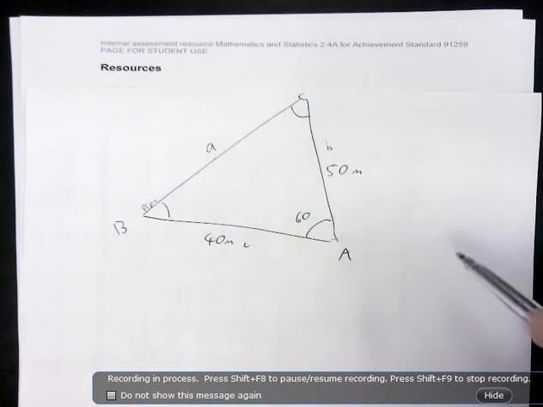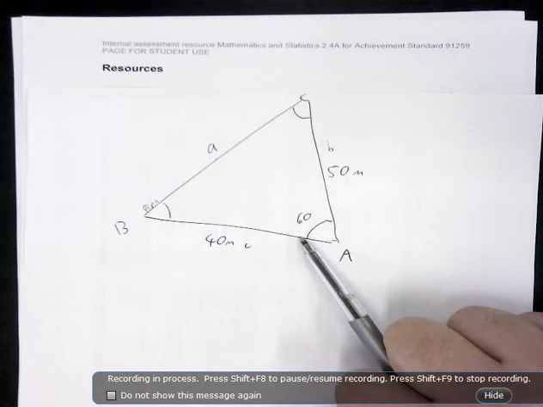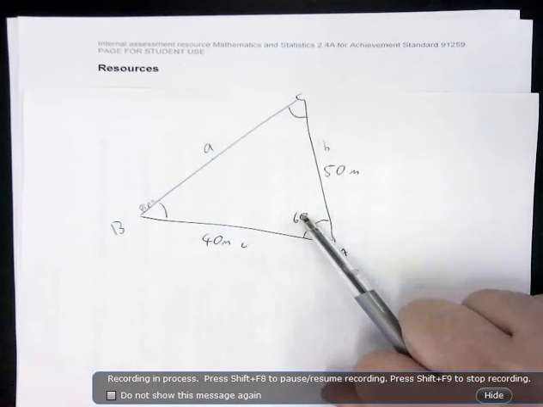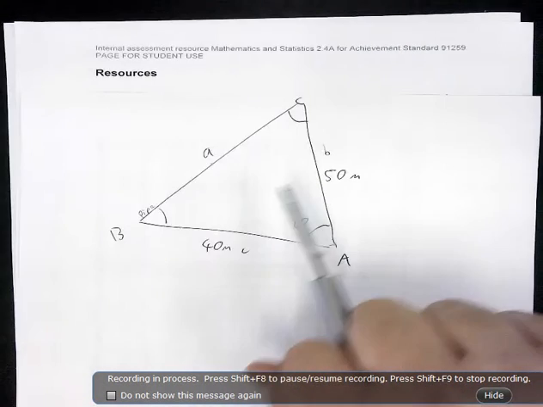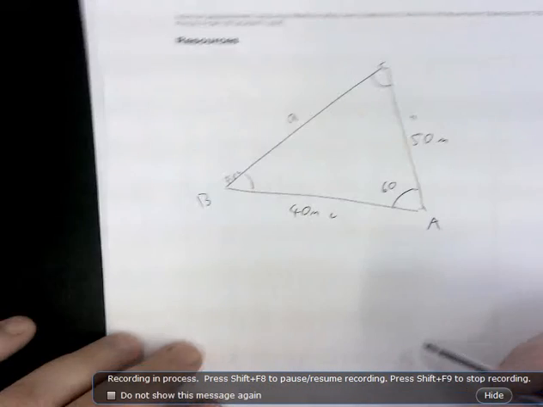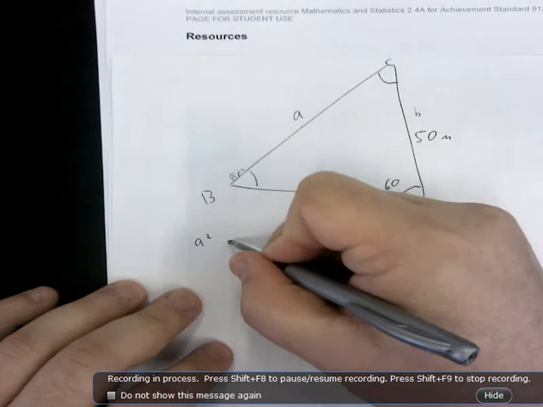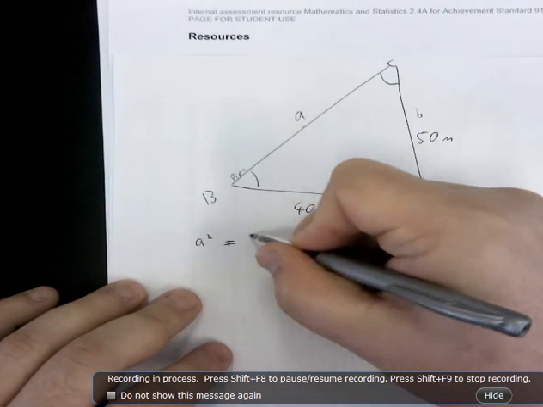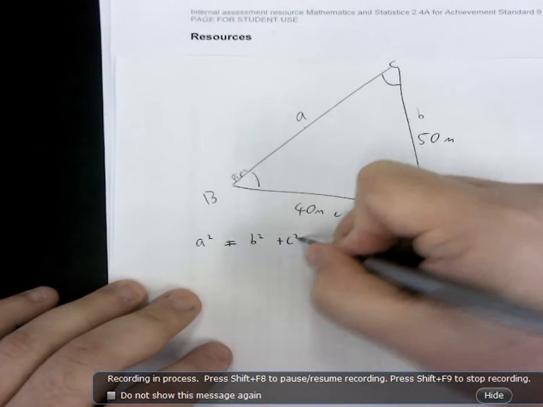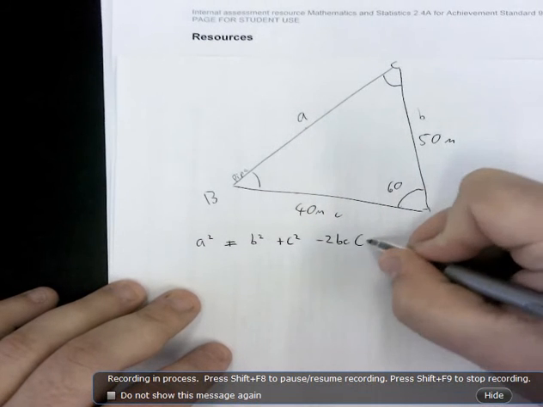Now at the moment we've got 2 sides and an angle, but we don't have an angle with its opposite side. That means we can't use the sine rule, which leaves us only with one other option, the cosine rule. So a squared equals b squared plus c squared minus 2bc cosine of a.